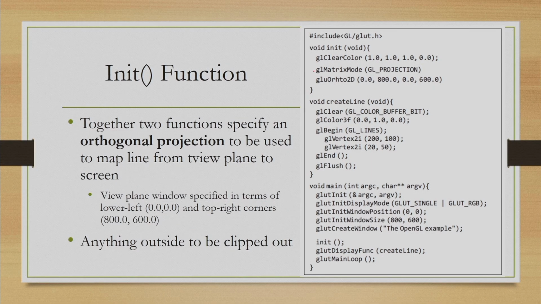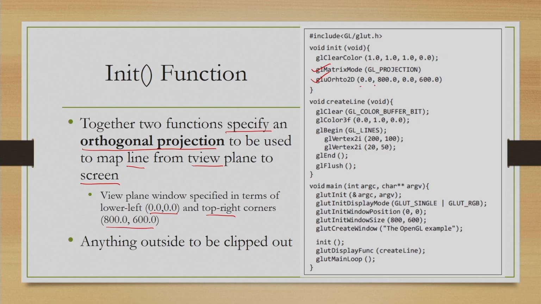Now, together these two functions, glMatrixMode and gluOrtho2D, specify an orthogonal projection to be used to map the line from the view plane to the screen. The view plane window is specified in terms of the lower left and top right corners of the window.